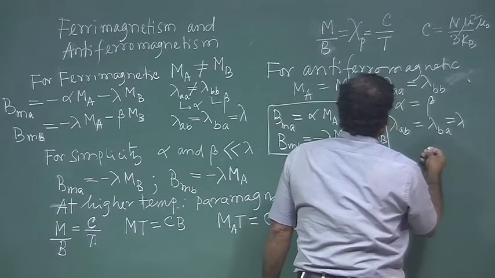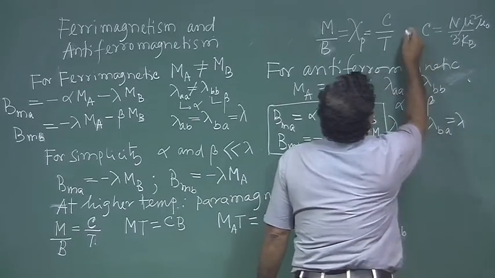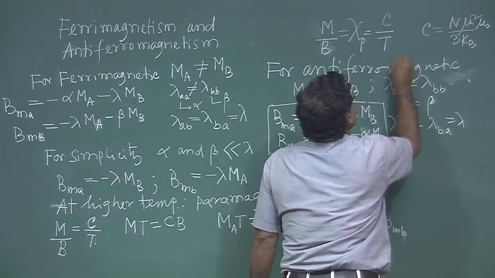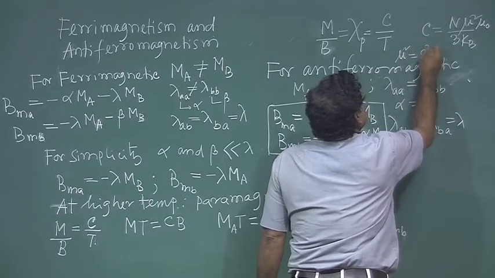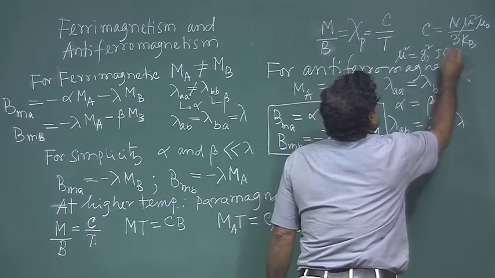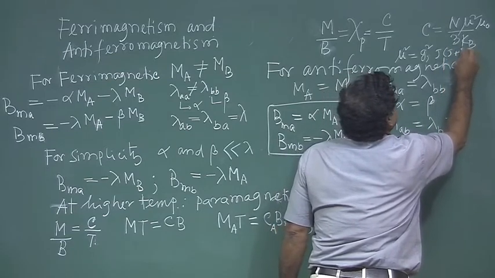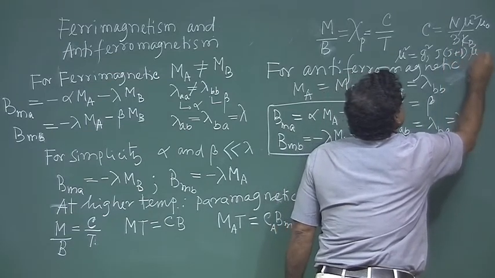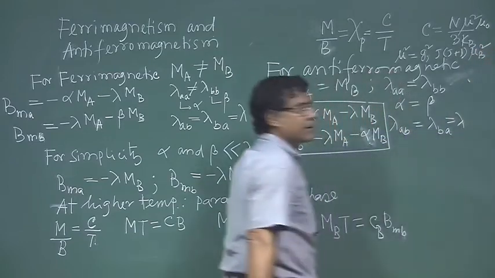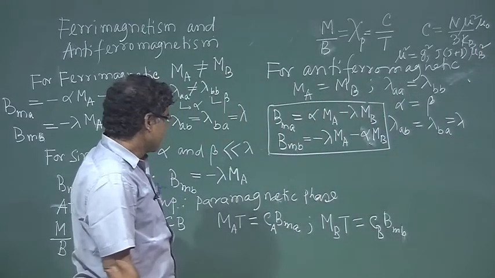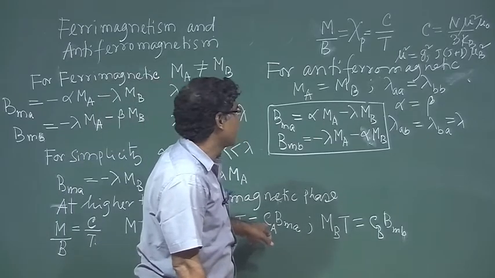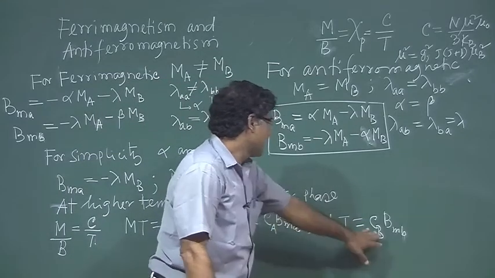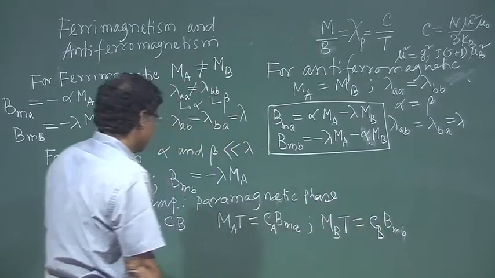So, I can write mu square equal to g_J square J(J plus 1) mu_B square, right, mu_B square. Okay. So, in this case the Curie constants will not be the same; C_A and C_B we have to use.